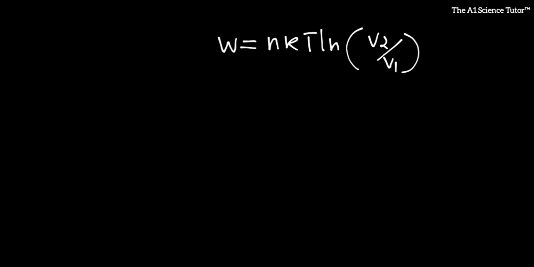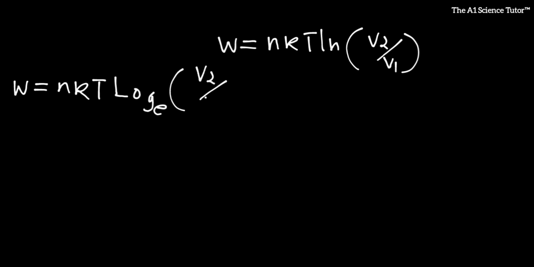Now, we already know what ln means. For ln, we have log to the base e, with a subject of V2 over V1. So this is the subject, and this is the base.